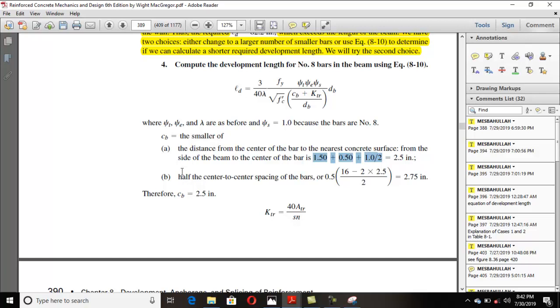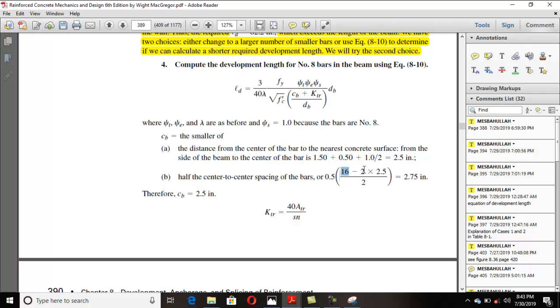2.5 inch. The other criterion is half of the center to center spacing of bars. So from where this comes, you must know the difference, how clear spacing comes out. But remember, 16 inch is the beam width.